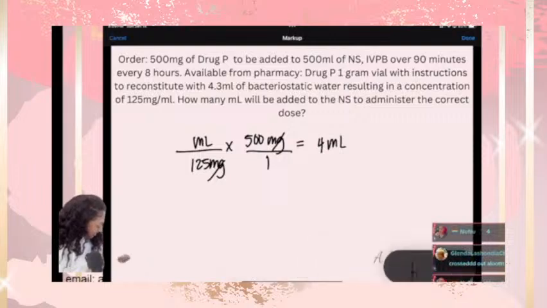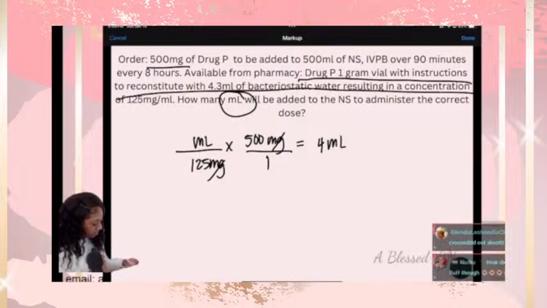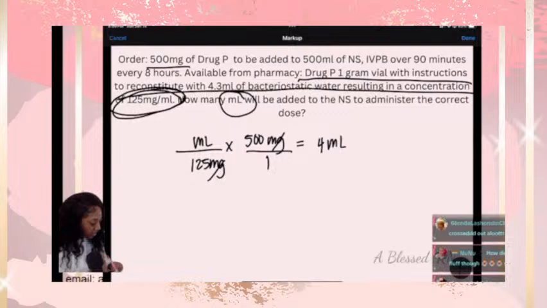All right, so look, what did it ask for? Milliliters, right? So how many milliliters of the medicine is going to be added to the normal saline. So we are looking for this. It is available as all of this stuff right here that was fluff. Because remember what I told you? Concentration.